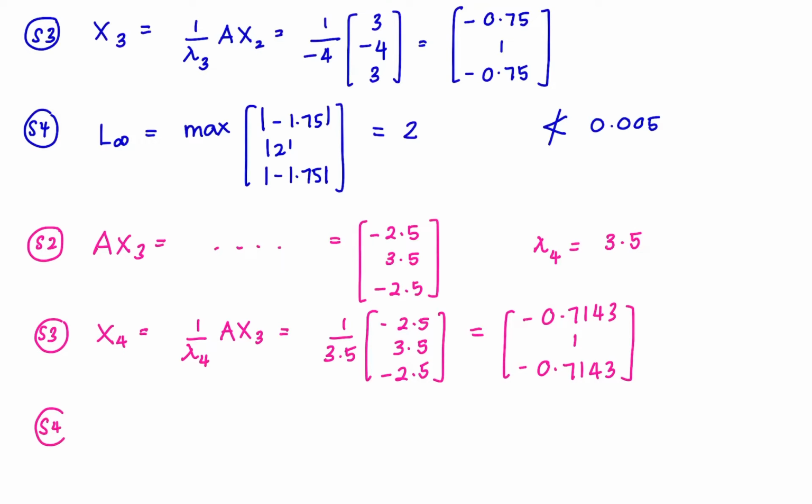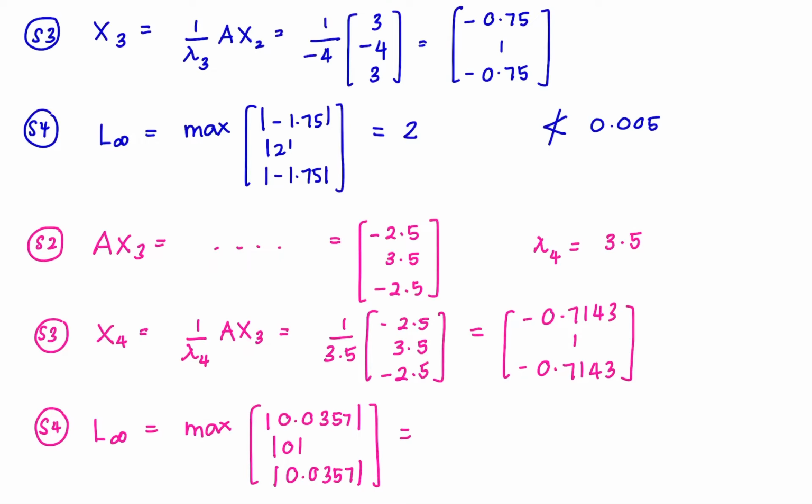Okay, so step 4, check for convergence, our L infinity. Right, so that will be the maximum value of the differences, which is absolute of 0.0357, absolute of 0, and absolute of 0.0357.